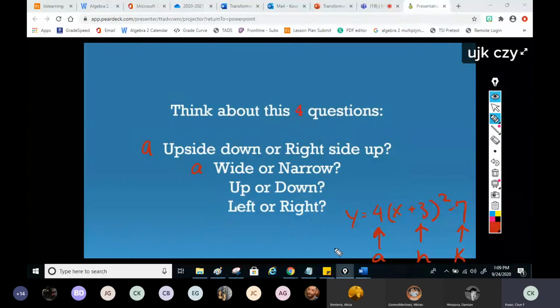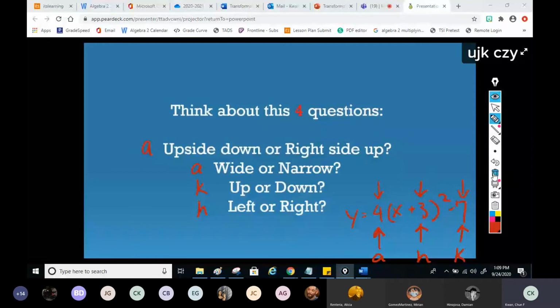That's what A tells you. And then the H tells you, is it left or is it right? Did it shift to the left or did it shift to the right? And then the K tells you up and down. Okay, so these 3 numbers tell you everything about the transformation.